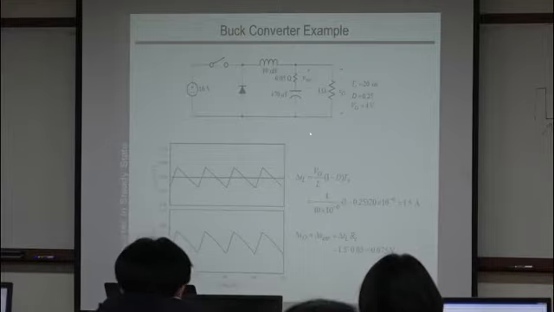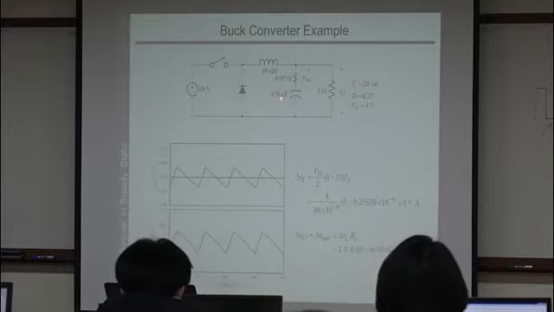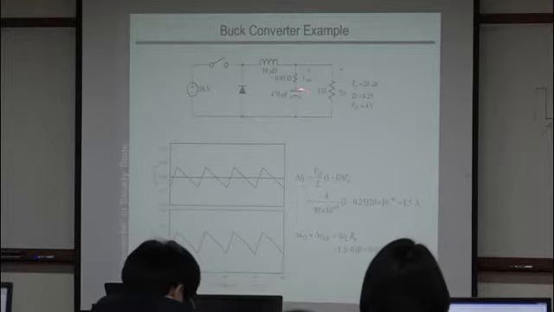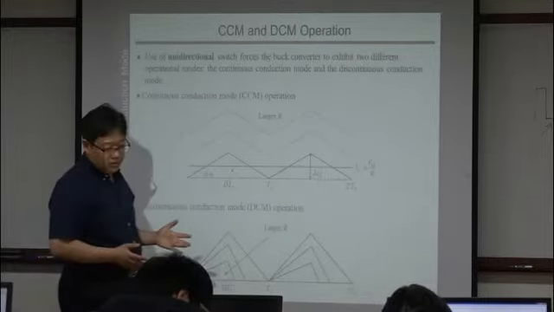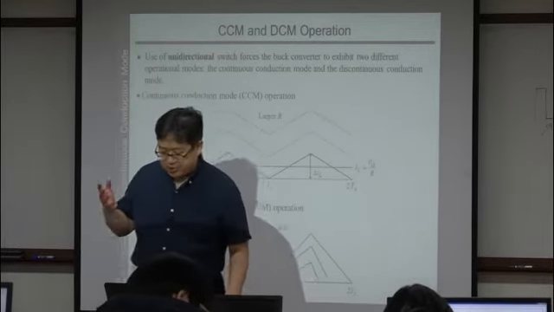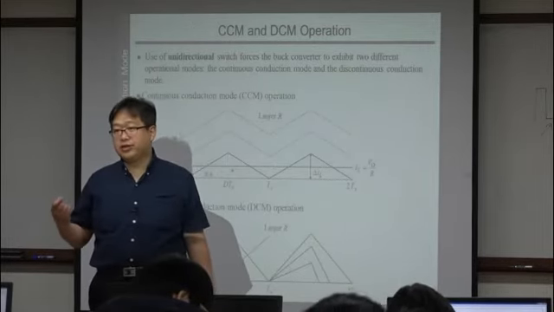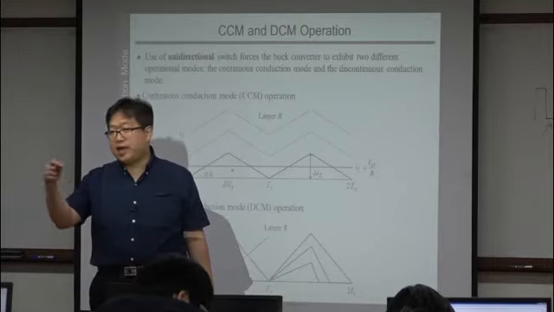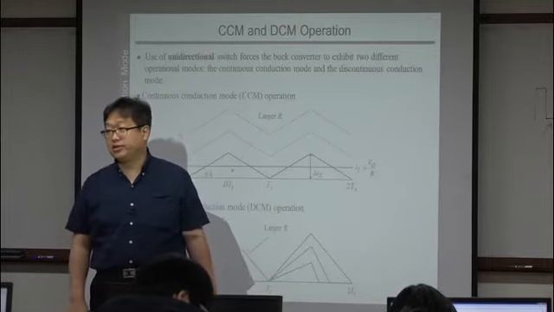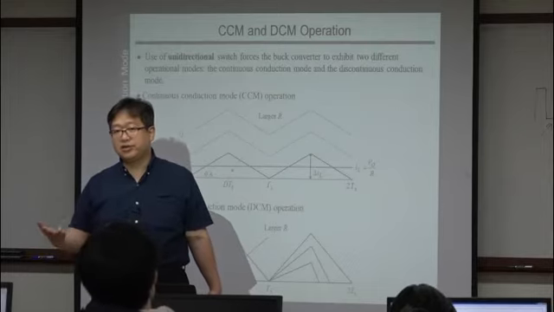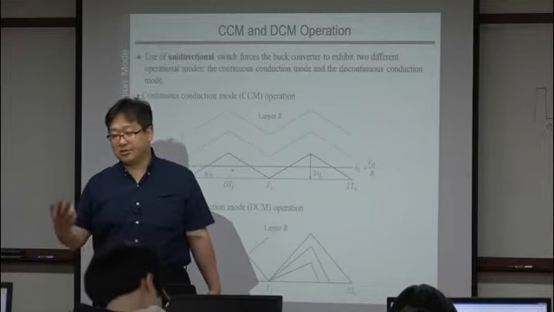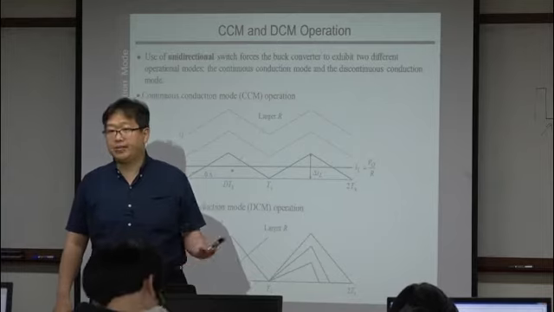Okay, now let's simulate this circuit with the ESR of 0.05 ohm. So, in your power electronics circuit, basically you use the CCM-based formulas. But in reality, you always see the discontinuous conduction mode. Why? Think about it.